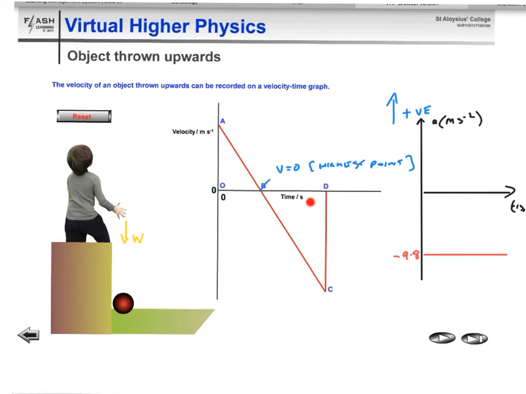Okay, and you can see that just by looking at the size of this area here. Right, so that area is smaller, this area is larger, and that's because that's representing a bigger distance, if you like, from the top. So that's from the highest point, right down to the lowest point here, when it hits the ground. So that area there you can see is bigger than the one up here.